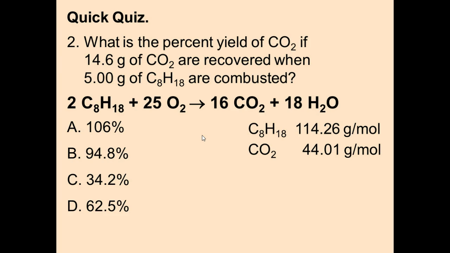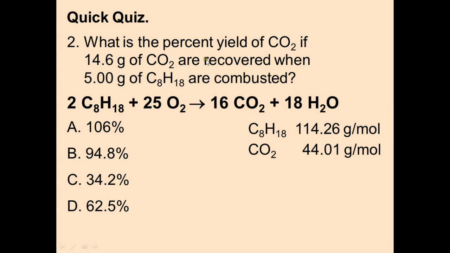And now here we have our last problem, pretty sure. And so what is the percent yield of CO2 if 14.6 grams of CO2 are recovered when we had 5 grams of C8H18 combusted?